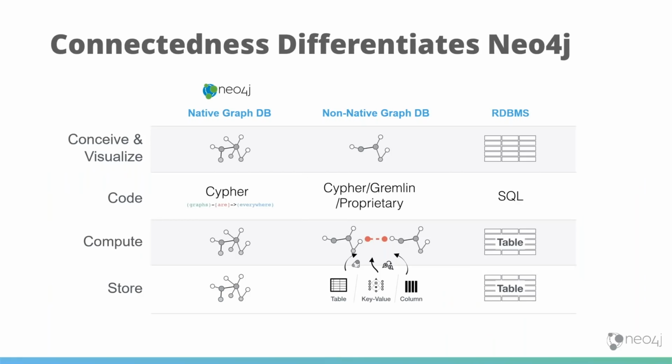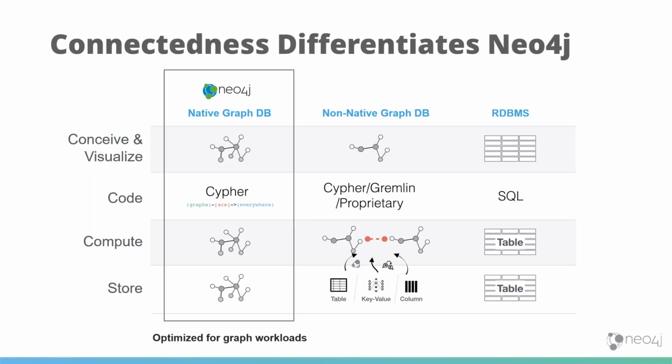So connectedness is really this core idea of what differentiates Neo4j from all of the other kinds of players, whether they're relational systems or the non-native graph systems, other NoSQL type databases. And really what you can see here is Neo4j itself is optimized up and down for how you think about graphs, how you visualize graphs, how you write them out and code the graph behavior, how the system itself computes your graph information and even stores your graph information.